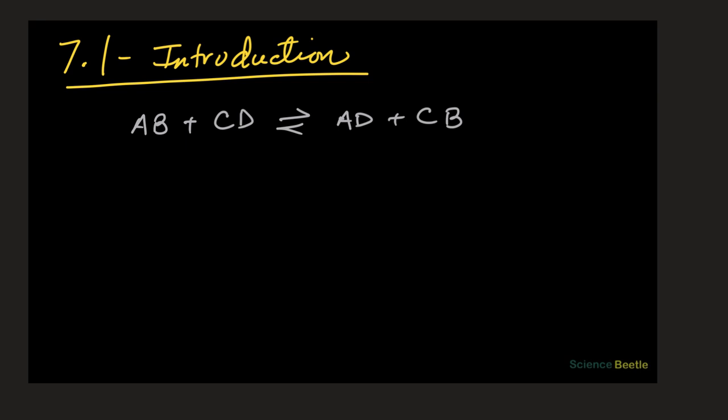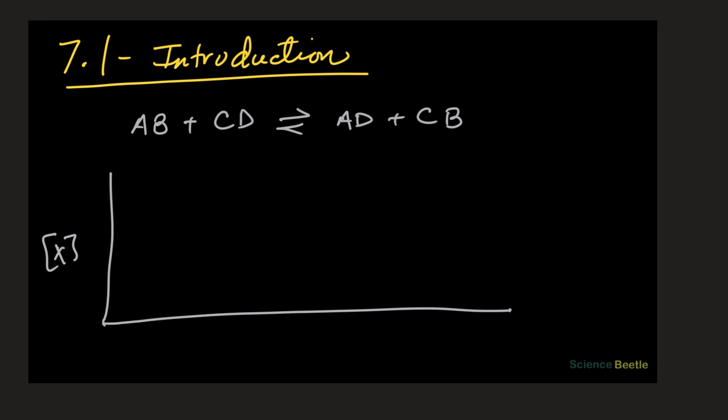The best way to do this is to get a graph that depicts the concentrations of both. So let me get this done here at the bottom. I'll draw a graph that generically depicts concentration on the Y axis, and time at the bottom, increasing as we go to the right.